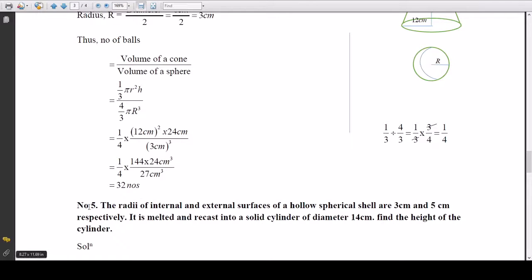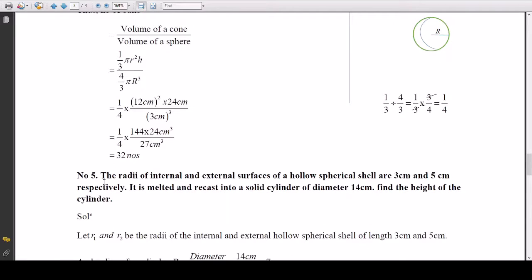Now coming to the next, problem number 5: the radii of the internal and external surfaces of a hollow spherical shell are 3 centimeter and 5 centimeter.